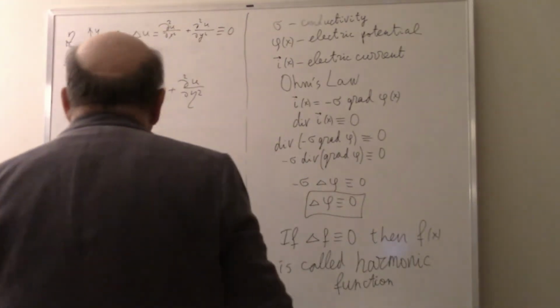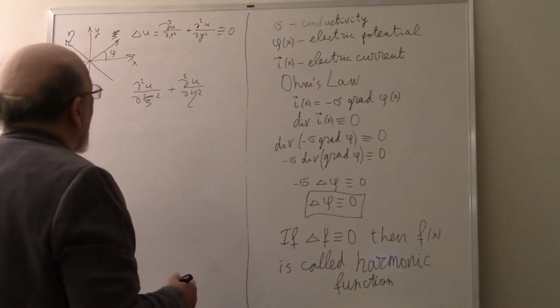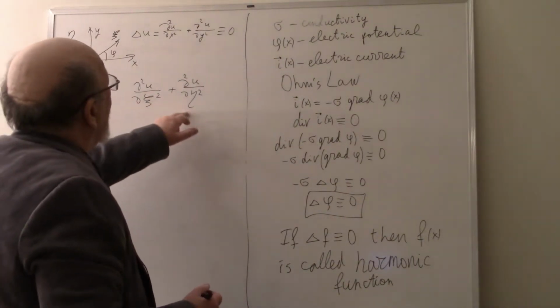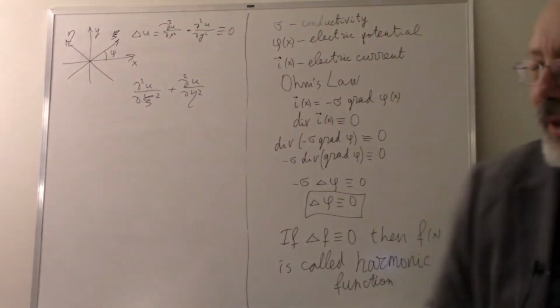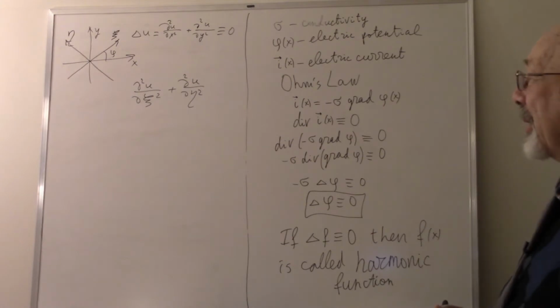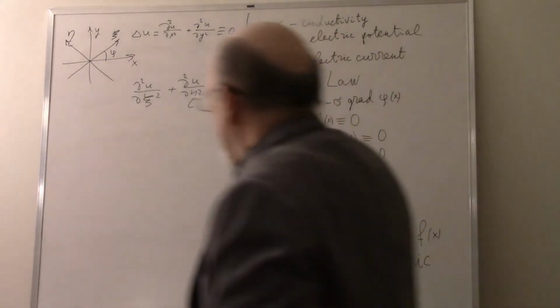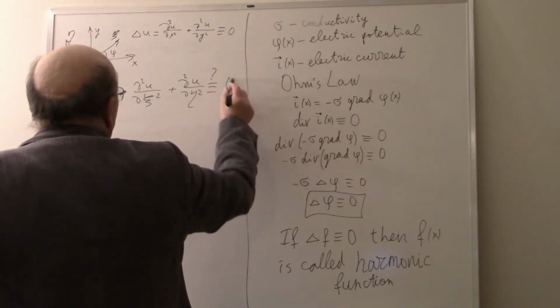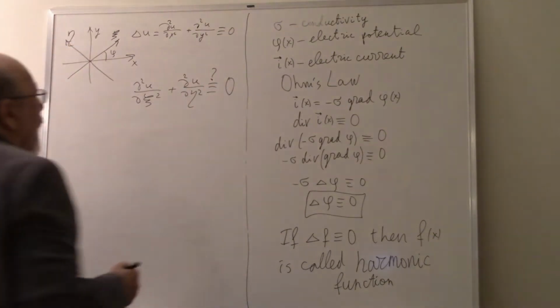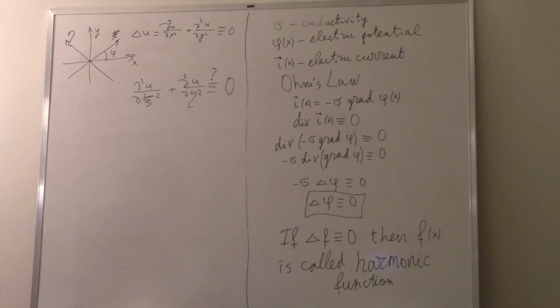So my question, which I am asking now, is this function harmonic also in the coordinates psi eta? So is it equal to 0? I put here a question mark.